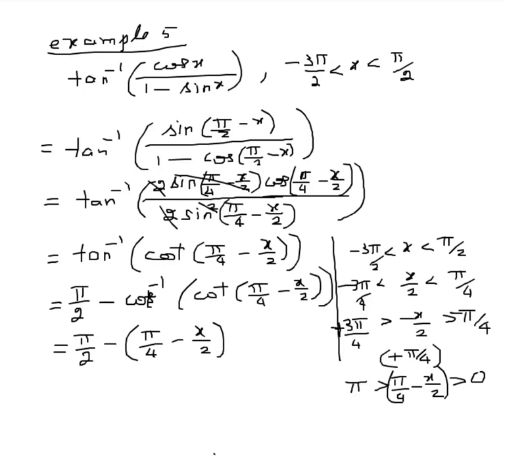So 0 to pi, which is the principal value branch of cot inverse. That's how we could cancel cot inverse and the cot function. Let us simplify this. Pi by 2 minus pi by 4 is pi by 4. Minus into minus is plus x by 2. This is the answer.